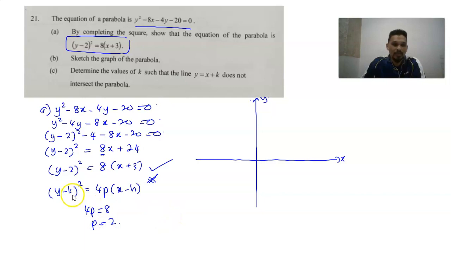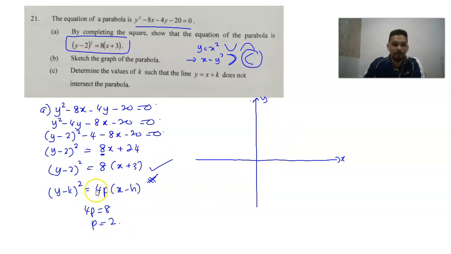For the graph of y equals x squared, the graph is either a smile or sad. The other way around here, if x equals y squared, the graph is either open to the left or open to the right. So for p equal to 2, this is the one.